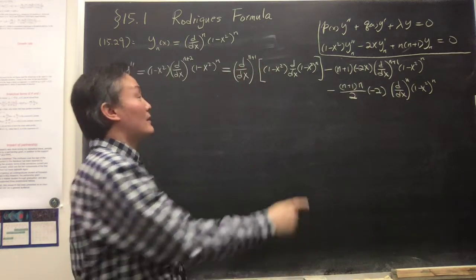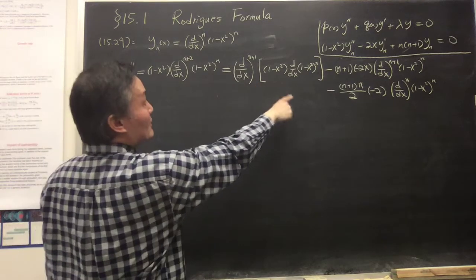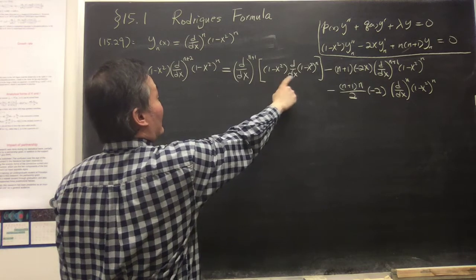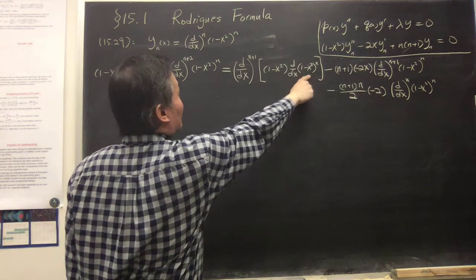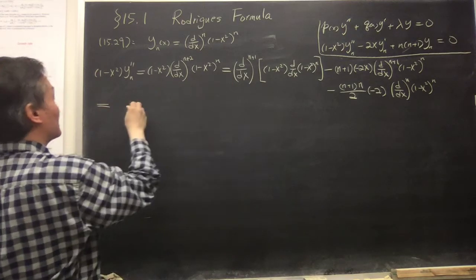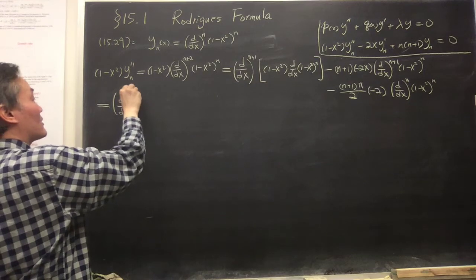Okay, and now we can continue to simplify. To do that we can work out the derivative of this one explicitly. So this one equals d/dx to the n+1 power.